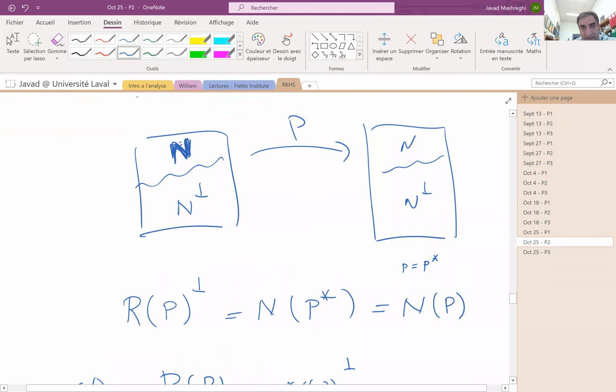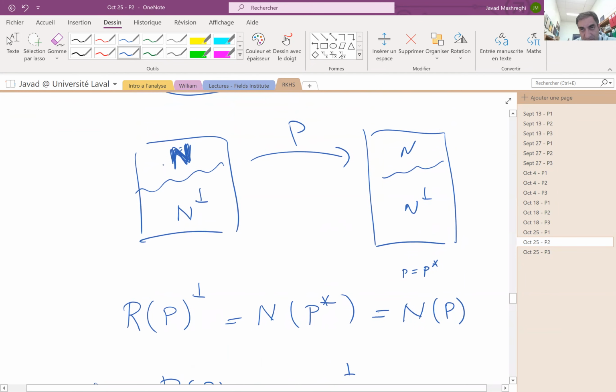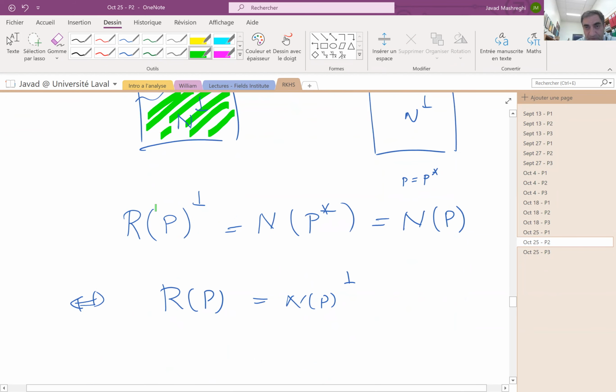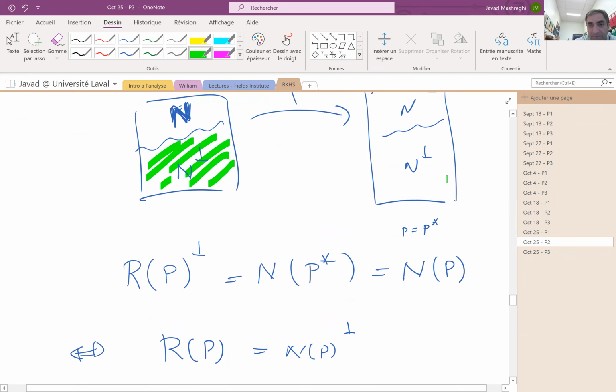And in the general setting, when N is not equal to 0, we can confine ourselves to N perp, and the image you see is also in N perp. So the image is also there.